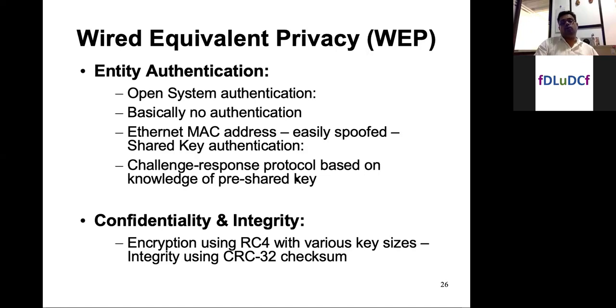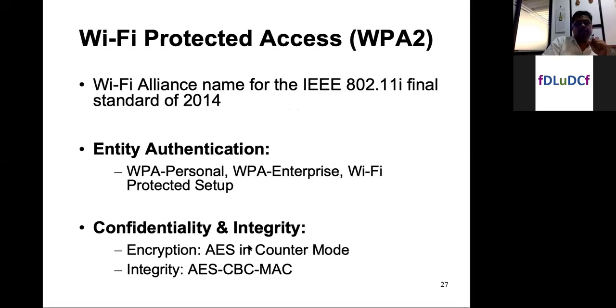However, since it uses weak ciphers, people can find out those keys. Confidentiality and integrity, as I mentioned, use the RC4 cipher. That's the main reason this protocol is not strong enough for today's applications.